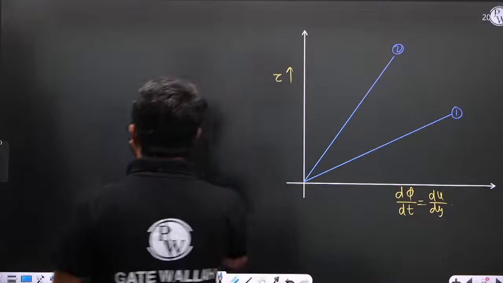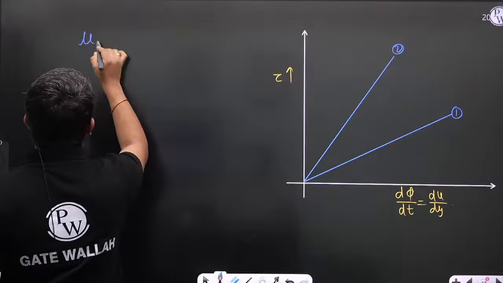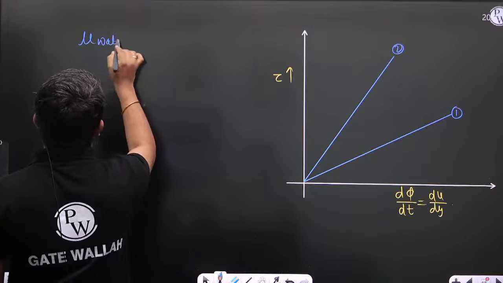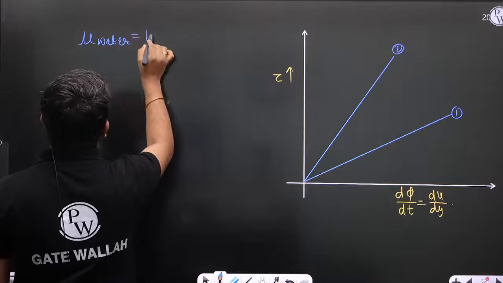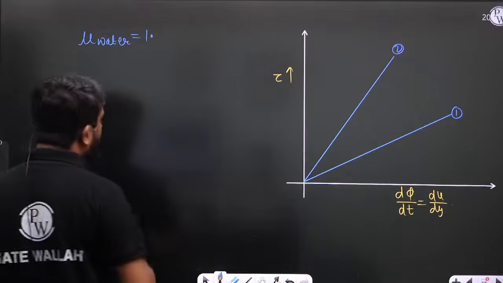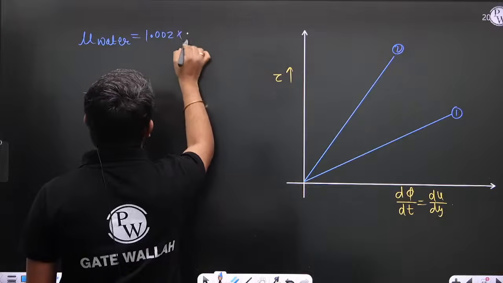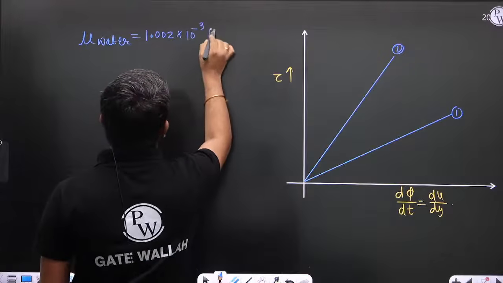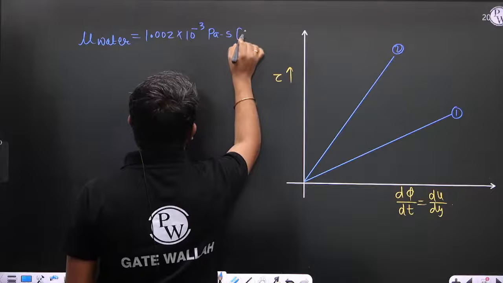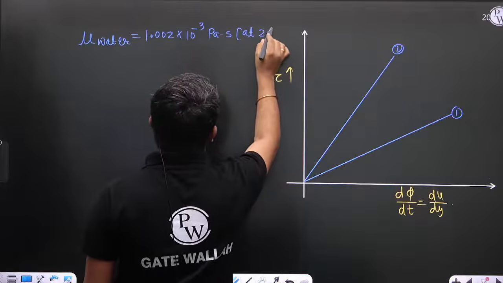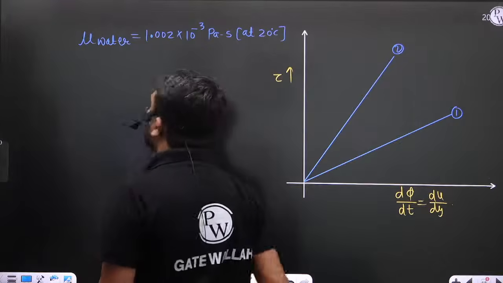Okay, take a hint. For water, viscosity is 1.002 into 10 to the power minus 3 Pascal second at 20 degrees Celsius. Viscosity is strongly dependent on the temperature.